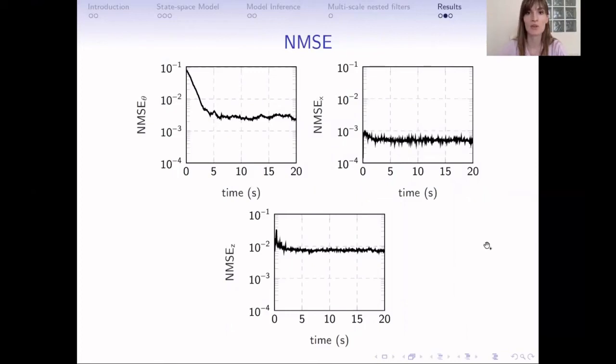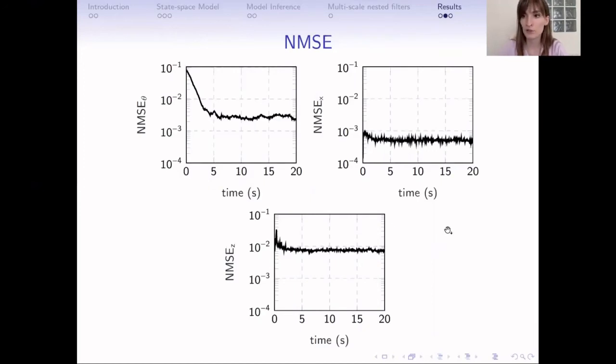We have assessed the results of the experiments in terms of normalized mean square error, and we have obtained an error between 10 to the minus 4 and 10 to the minus 2 for the parameters, the slow state variables and the fast state variables, having a convergence of 5 units of time in the case of the parameters.